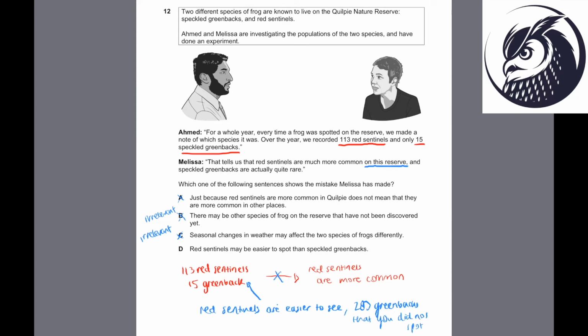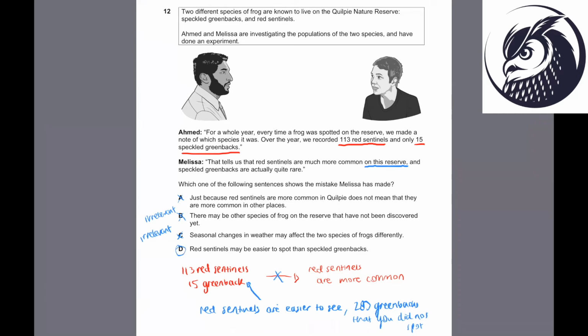And that is definitely something that could be the case, and this is definitely showing you a potential assumption that Melissa has made, right? She's made the assumption that red sentinels are more common based on the numbers that they saw, but it could easily have been the case where it's hard to see the green ones, and there's actually 200 that you didn't spot, and therefore this makes her conclusion quite incorrect.